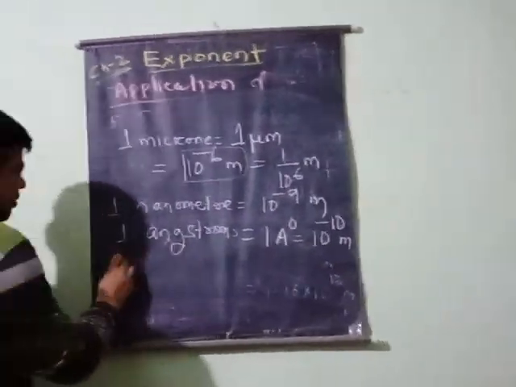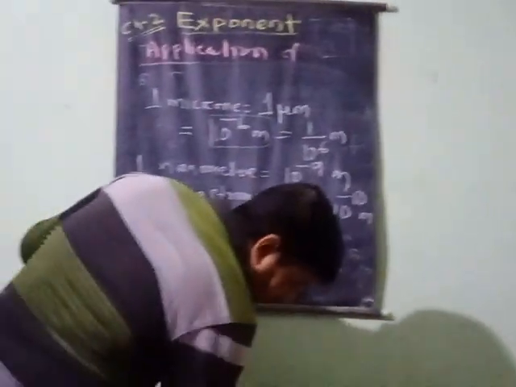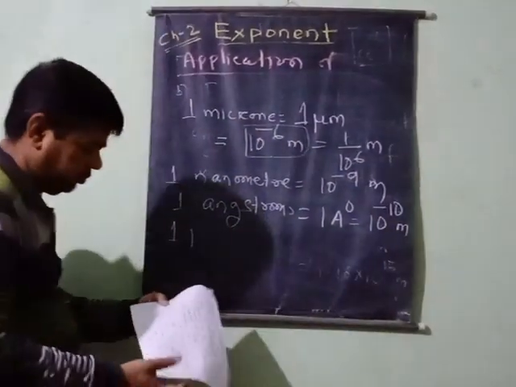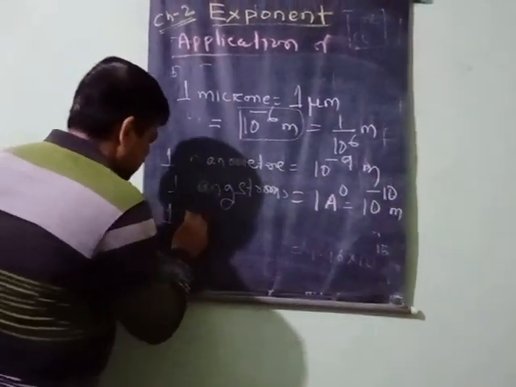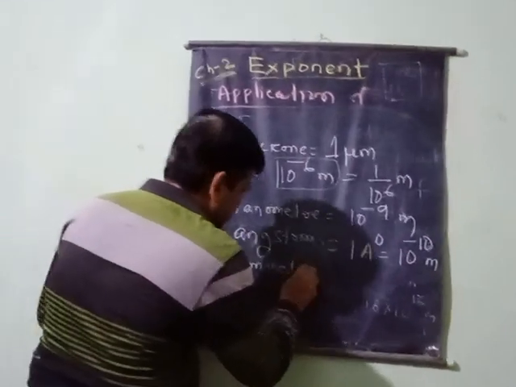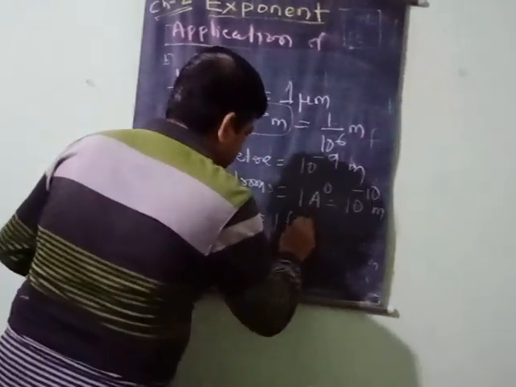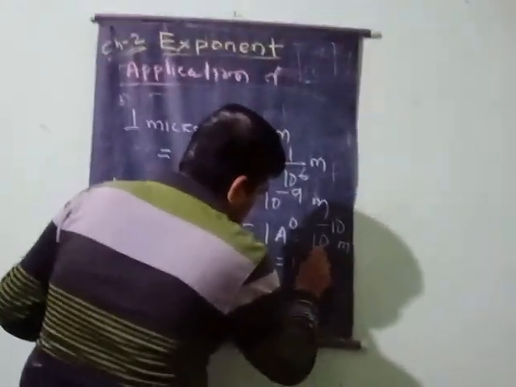Okay, and similarly 1 picometer. 1 fermimeter, also written 1 FM, is 10 to the power minus 15 meter.